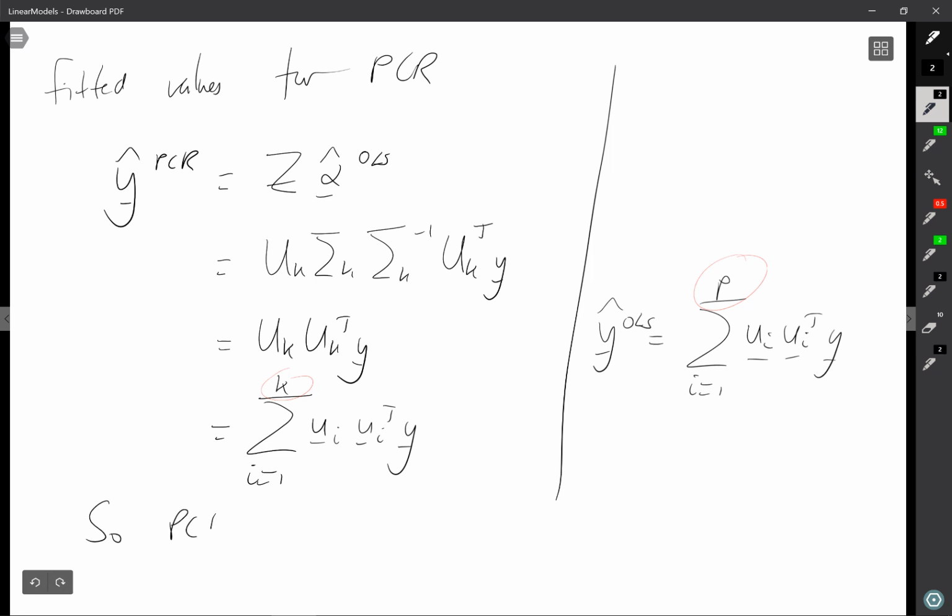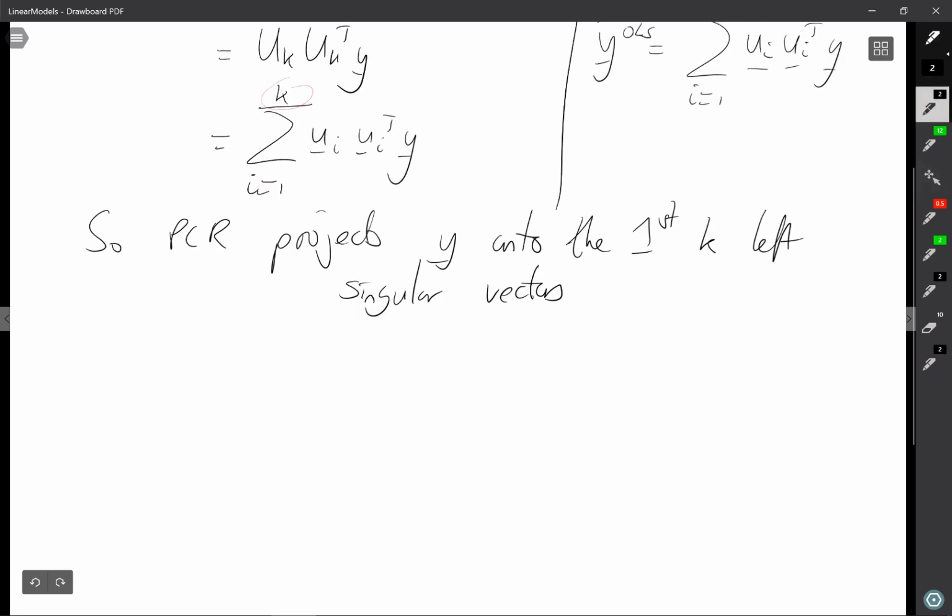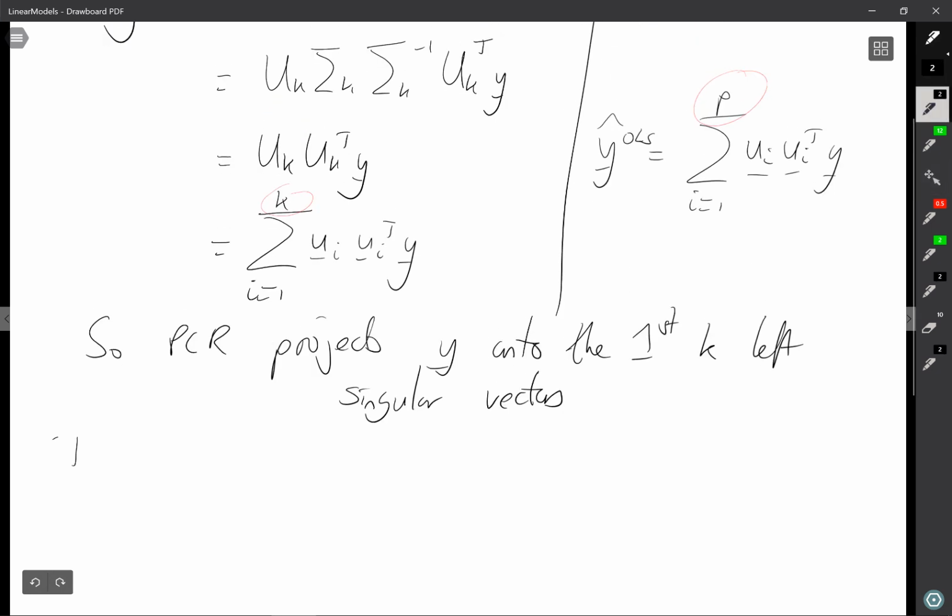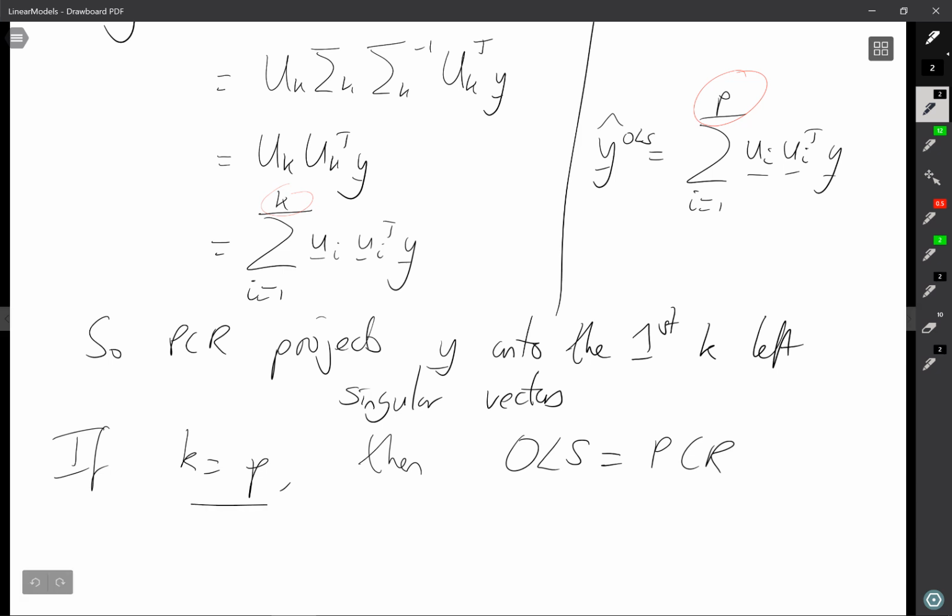So PCR projects y onto the first k left singular vectors. So the first thing to note here is that if we let k equal to p, then OLS is doing exactly the same thing as principal component regression. Okay, OLS equals PCR if k equals p.